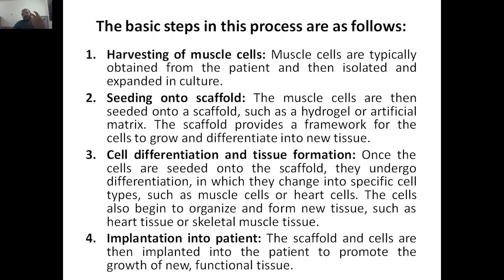Our immune system will see these cells as foreign cells. So they will release antibodies. Now the antibodies will come and destroy these cells, which is of no use. Whatever the process has been done is of no use.